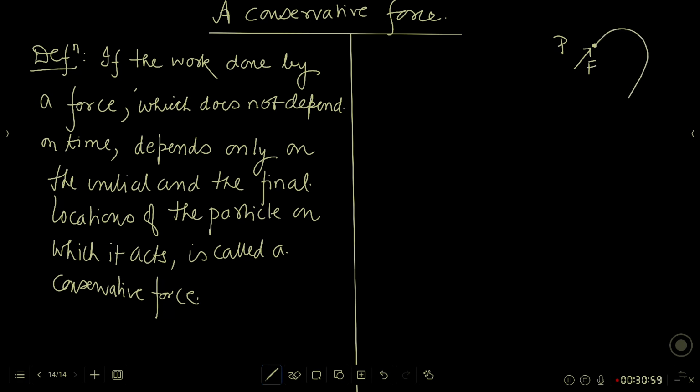That force might have changed its magnitude, might have changed its direction, as it acted on the particle, but the work done does not depend on the path. It depends only on the initial and final location. That force is called a conservative force.